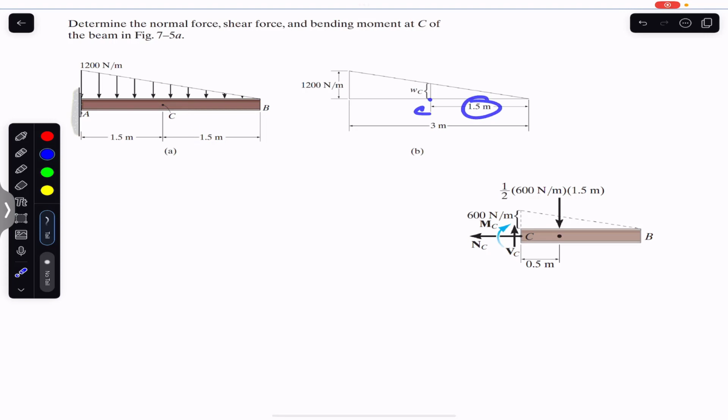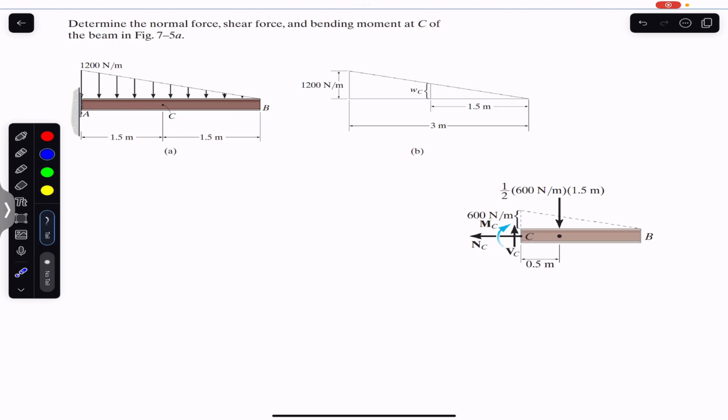Here we have that point C. To find this WC, the distributed load intensity at point C, we consider the ratio of 1200 Newton per meter divided by this base. The ratio of this divided by this will be equal to WC divided by this.